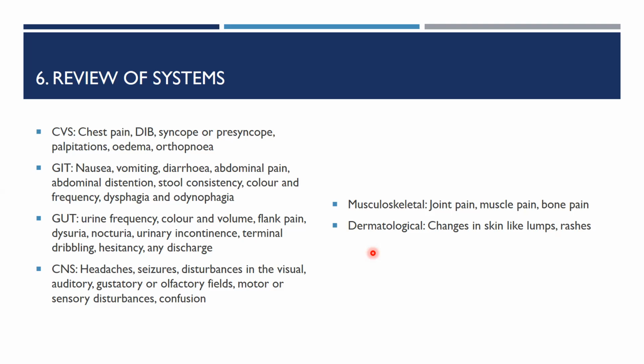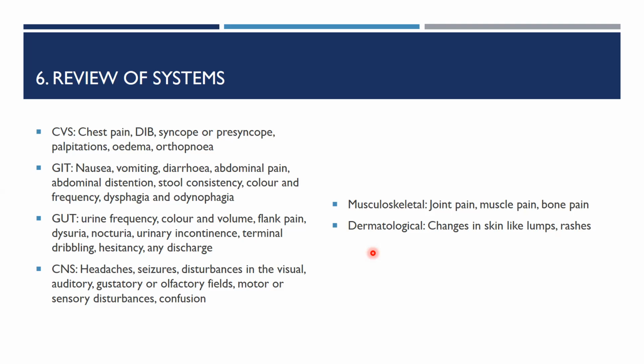Do they suddenly wake up at night because they want to go pee? Do they have urinary incontinence, what we call bedwetting, even at night or even during the day? Do they have that scenario where urine just flows? It's very embarrassing, so you have to ask this with a little bit of tact. Do they have terminal dribbling, hesitancy, any discharge whatsoever?